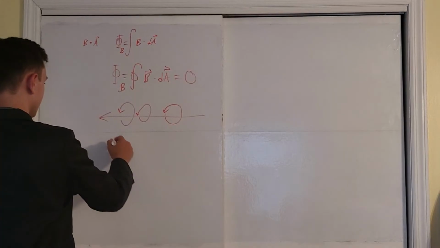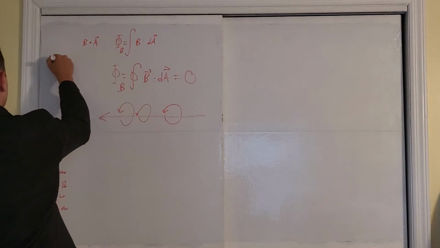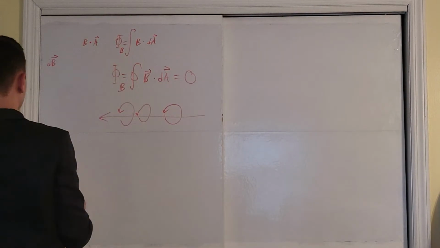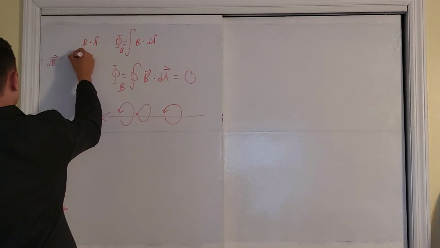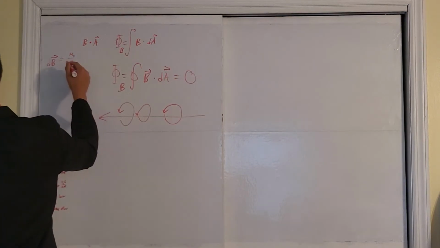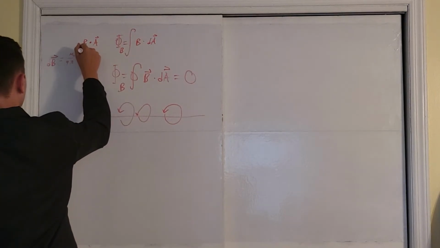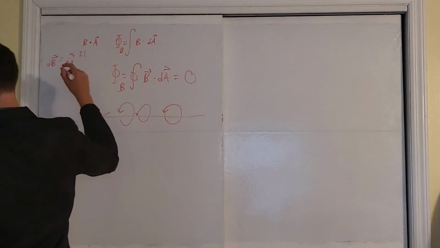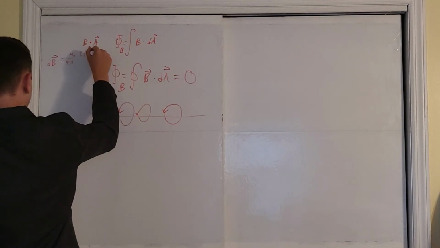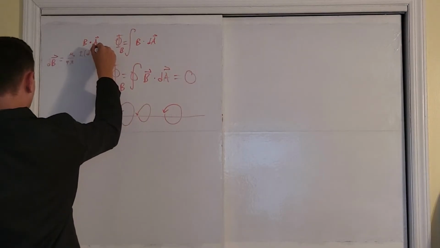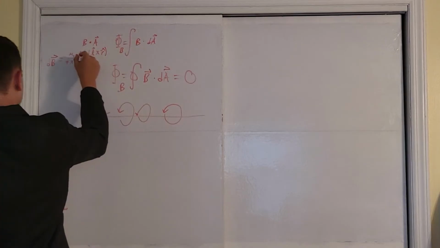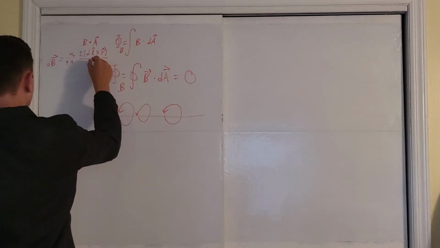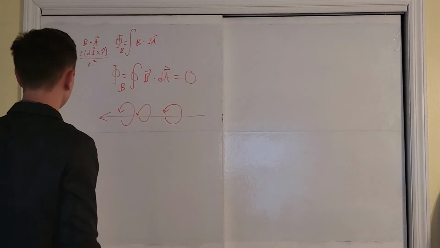That is that dB, the differential of the magnetic field vector, is equal to mu naught over 4 pi, which is a constant, multiplied by the current through the wire, multiplied by the length of the wire differential dl crossed with the r hat vector, divided by the distance you are away from the wire squared, okay?